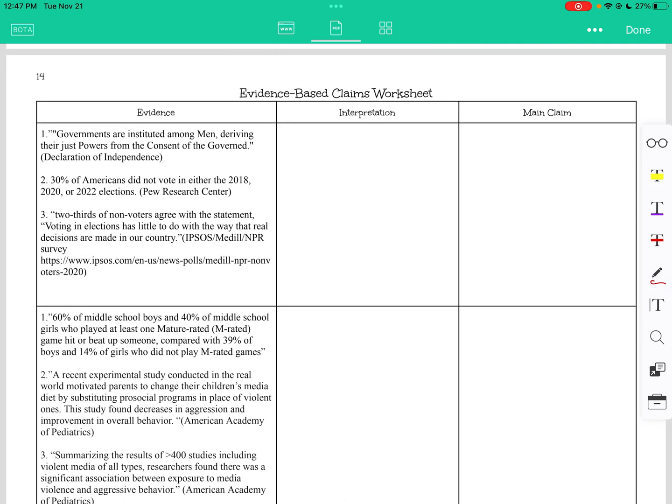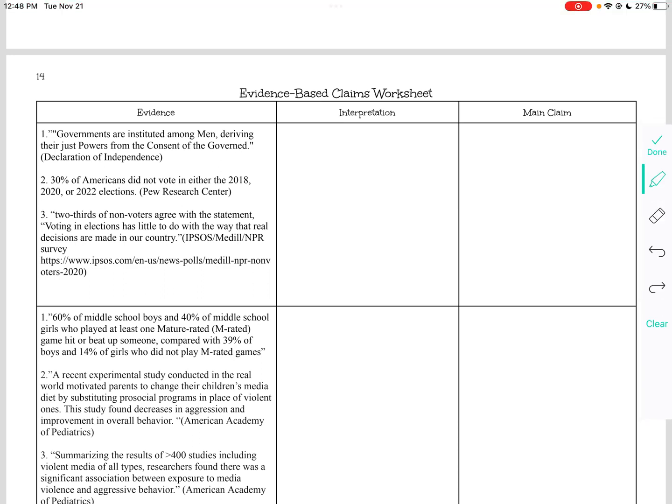Governments are instituted among men, deriving their just powers from the consent of the governed. 30% of Americans did not vote in either 2018, 2020, or 2022 elections. 2/3 of non-voters agree that the statement, voting in elections has little to do with the way that real decisions are made in our country. So we can tell the topic here is about voting, right, and government.